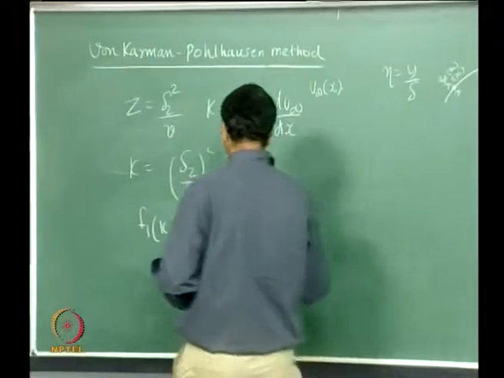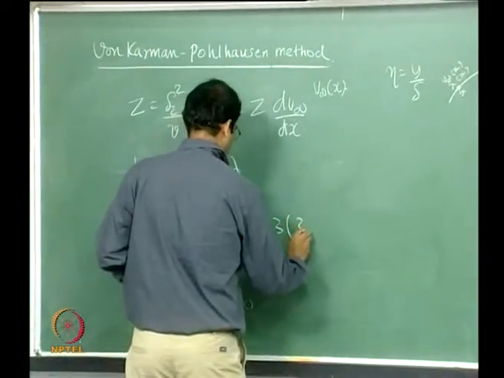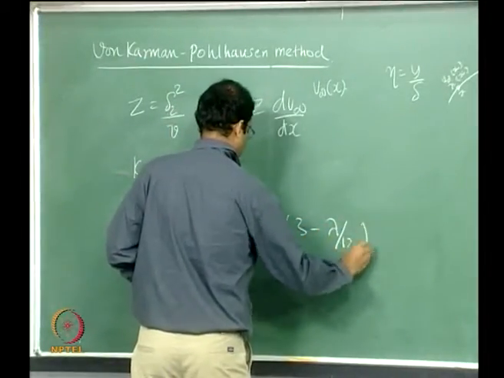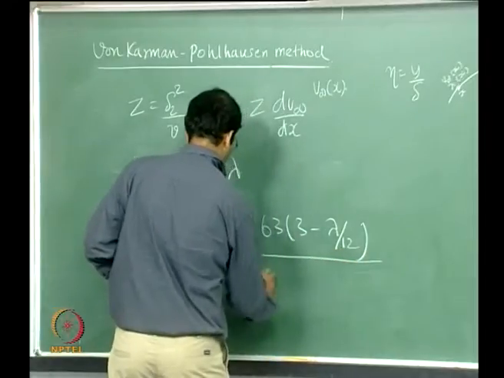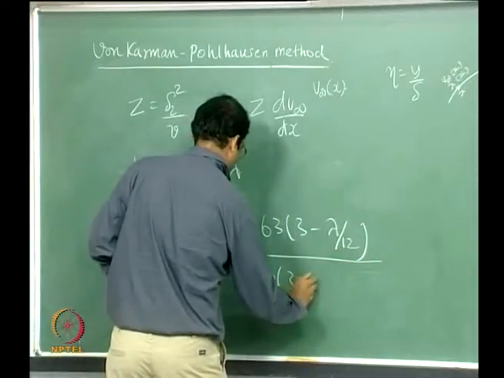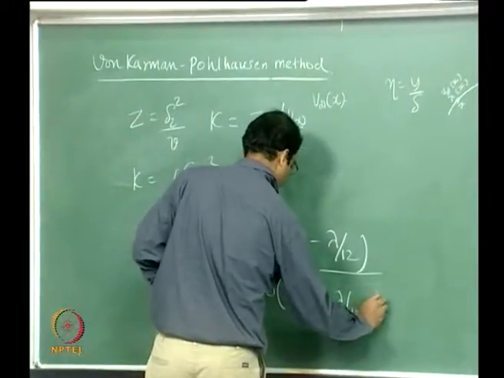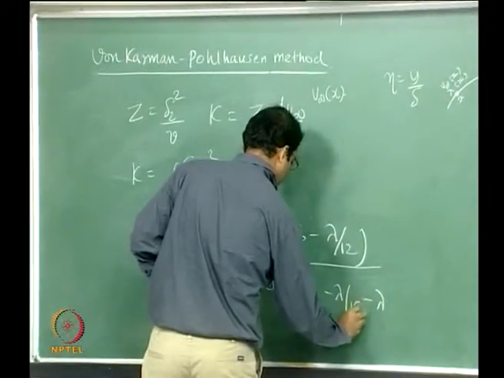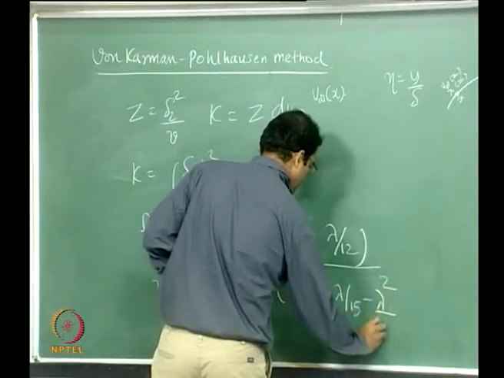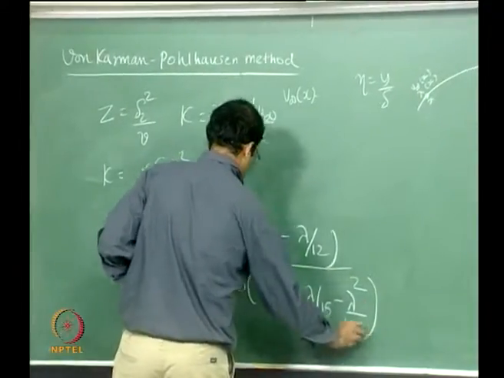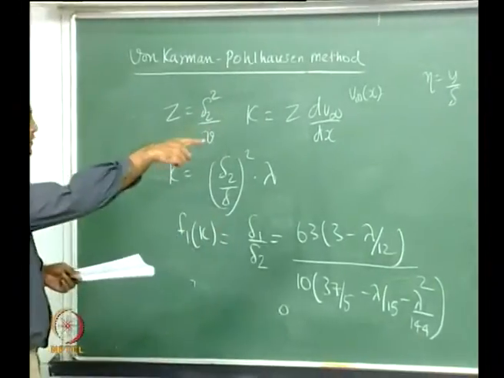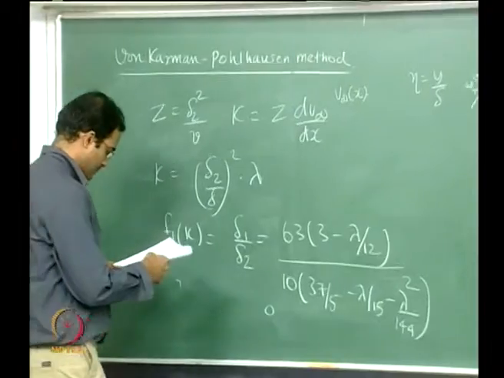So this comes out as 63 into 3 minus lambda by 12 by 15 minus lambda square by 144. So this is just the ratio of delta 1 by delta 2.